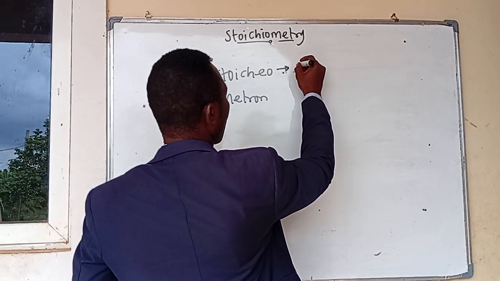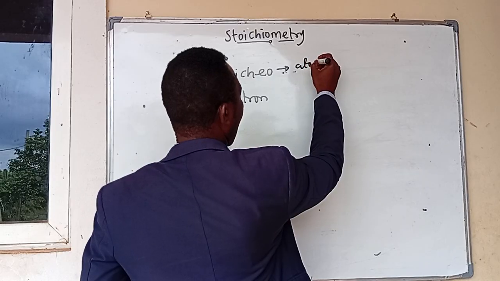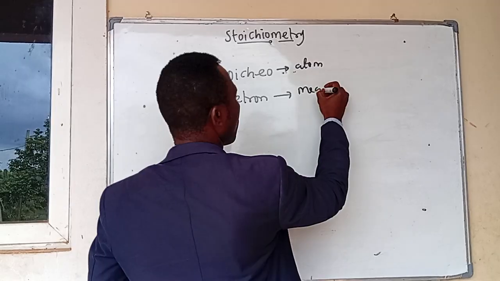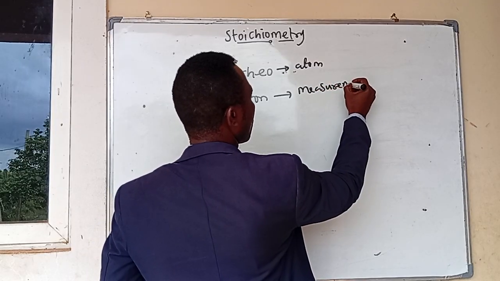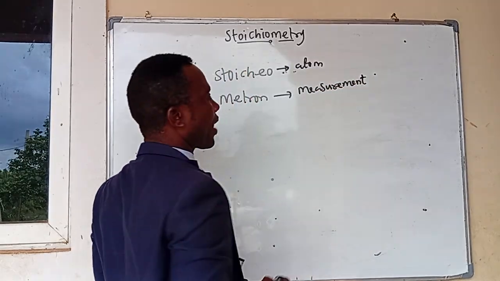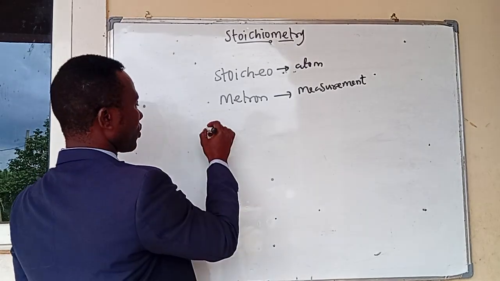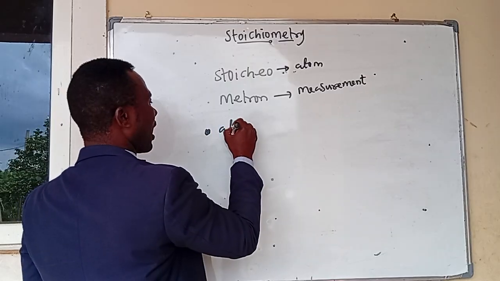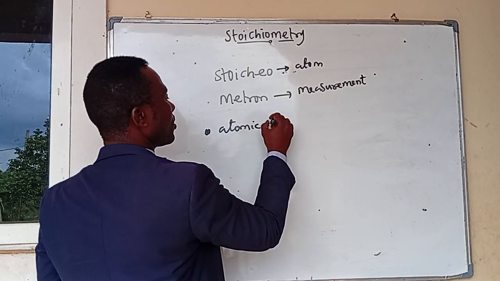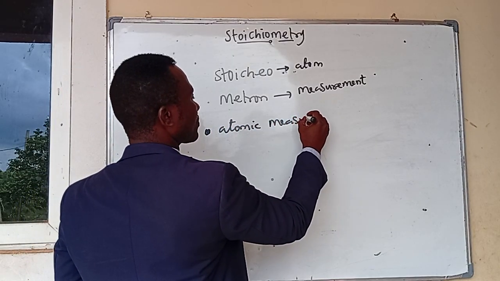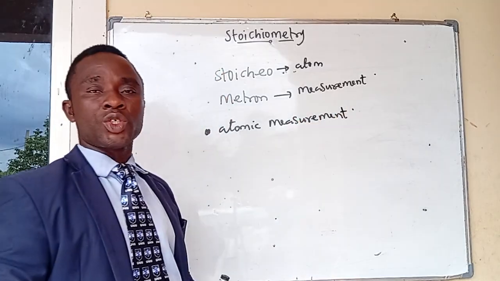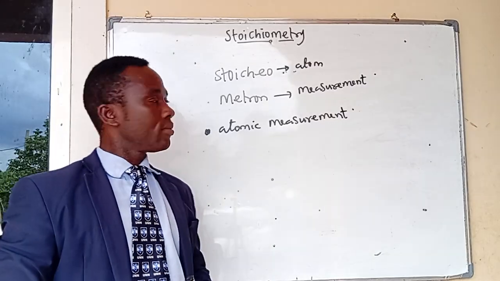Stoichio means atom, while metron means measurements. If you combine them together, stoichiometry means atomic measurements. So what it simply means is measurements concerning atoms.